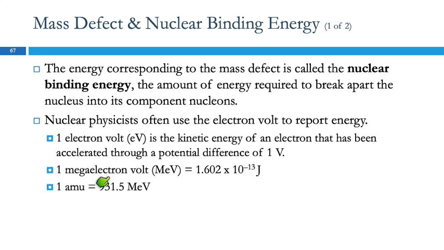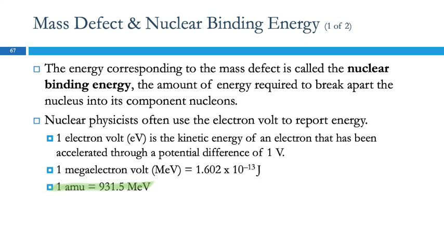So 1 mega electron volt, 10^6 electron volts, is equal to 1.602 times 10^-13 joules, which gives us the result that 1 atomic mass unit is equal to 931.5 mega electron volts. So this is a useful conversion factor.